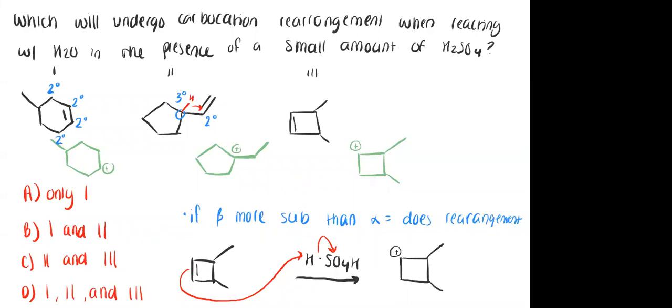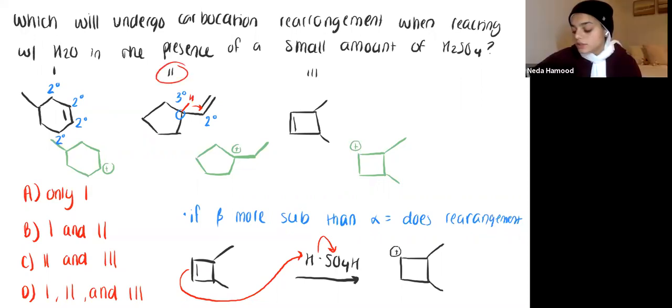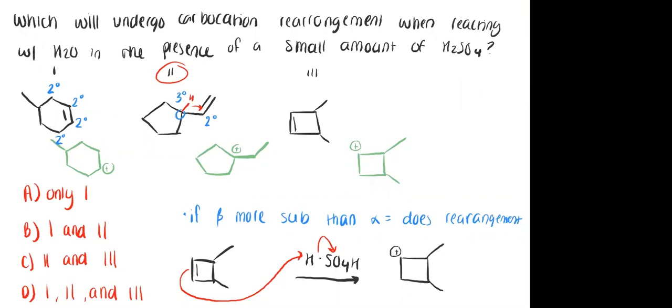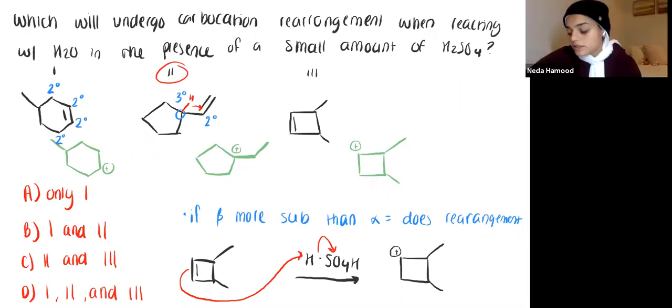Yes, awesome. So this one would do rearrangement. Looking at this one over here, this one is 2 degree, and then over here we have tertiary, over here we have tertiary, and this one is also 2 degrees.